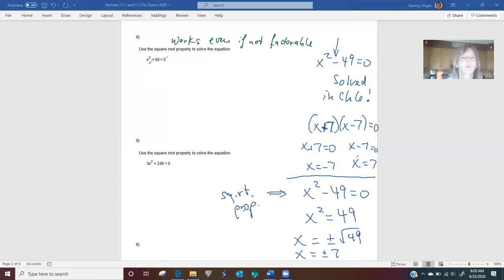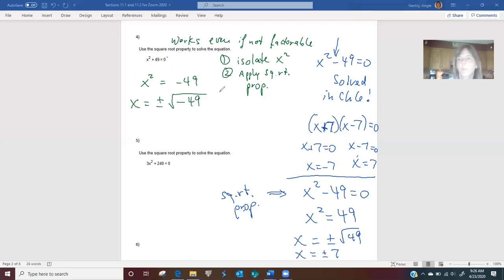So you're going to first isolate the something squared, okay? So you're going to have x squared is negative 49, because you subtract 49 from both sides, and then you apply the square root property. So x is plus or minus the square root of negative 49.